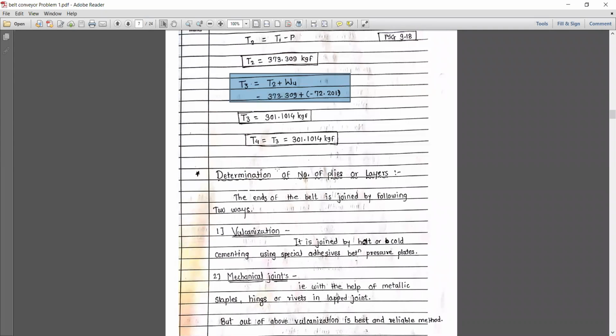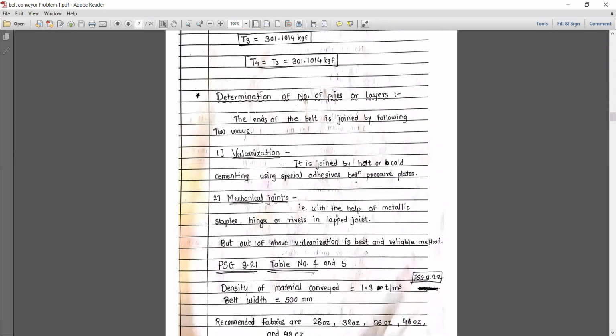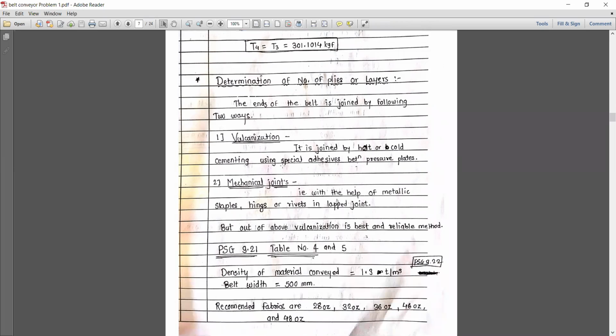So all tensions we have calculated. Now next one, to identify the number of plies in the belt. For that we have a few considerations. The ends of the belt are joined in two different ways.